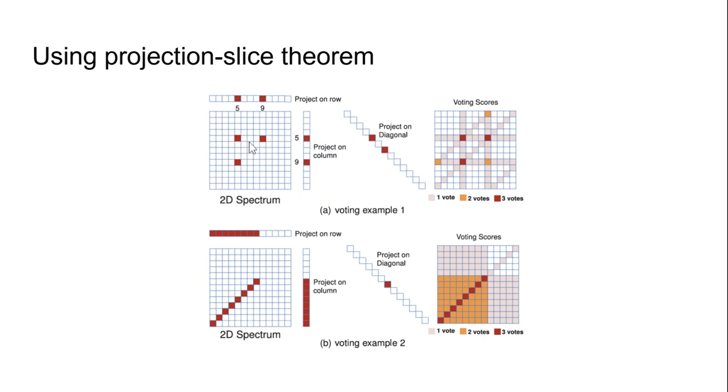This is just an example where you have three different non-zero coefficients in the 2D spectrum, and if you project it along three lines and then use those projections to vote back into the 2D grid, you can quite easily recover the original sparse angular frequencies.